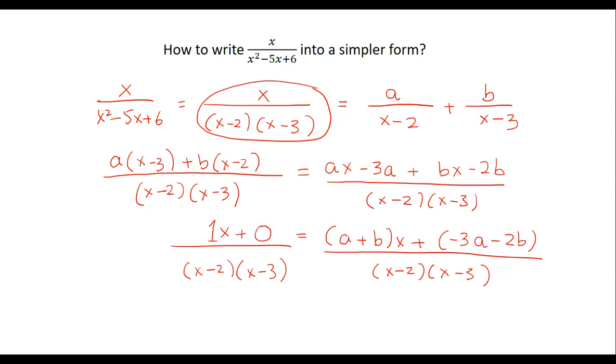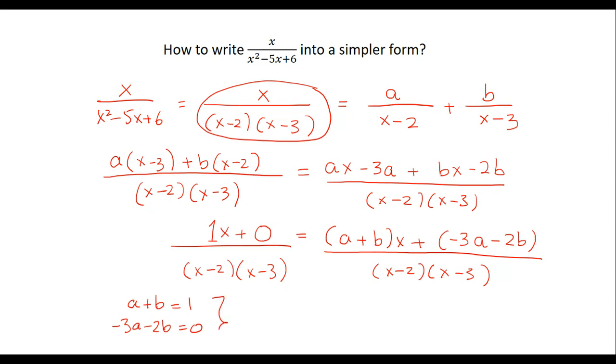I didn't change any equation. I just try to make the left hand side and right hand side correspond more. From here I can now join them together. My x coefficient is a plus b, which equals 1. And my 0, the constant, is minus 3a minus 2b equals 0.